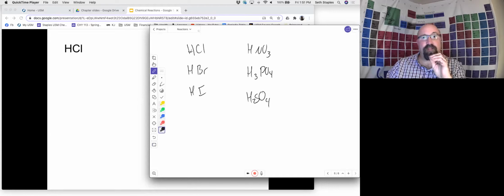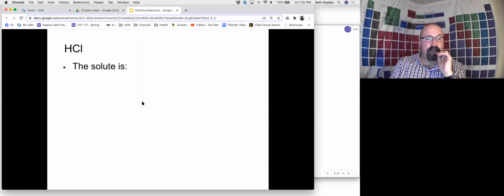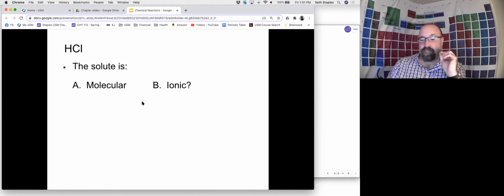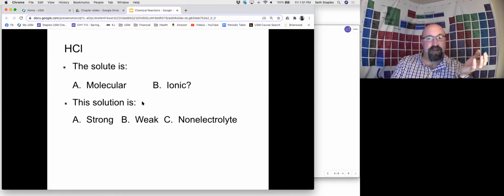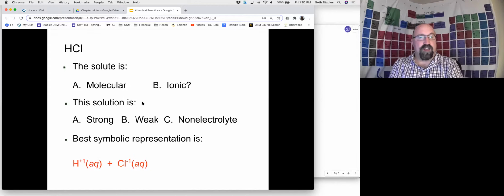And so we have to remember that strong acids are also going to be strong electrolytes. And so HCl, the solute, is molecular. Because we talked about hydrogen being a non-metal, we would say this is a molecular solution, but it is also going to be a strong electrolyte because HCl is a strong acid.